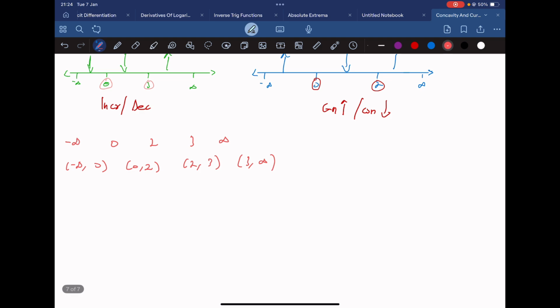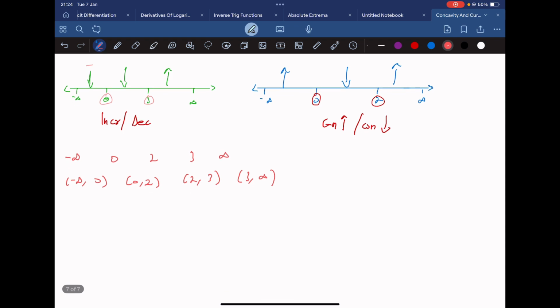So we want to see from negative infinity to 0, is the function increasing or decreasing? We got to see that from negative infinity to 0, the function was decreasing. From 0 to 2, is it increasing or decreasing? 0 to 2, 2 is somewhere here. So clearly, from 0 to 2, the function is also decreasing.